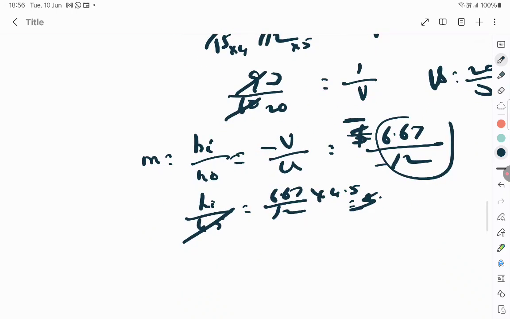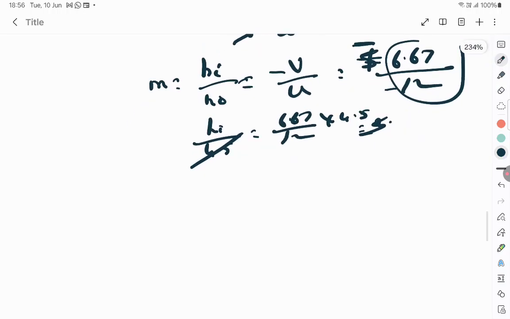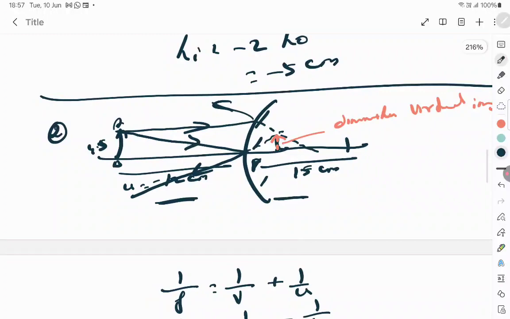So let's go to the next question. Irrespective of whatever position your object is, you are always going to get only a diminished image. Okay, so as the needle is moved further from the mirror, the image shifts towards the focus and goes on decreasing in size.